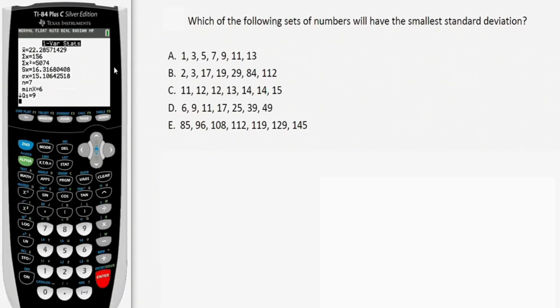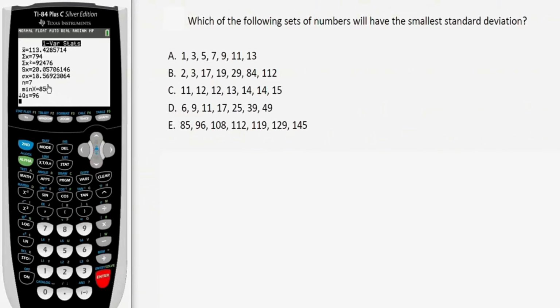No. So let's check the last option, which is option E, our list 5. Come back to statistics. Go to calculate. Then 1. List 5 is second and this button to come out. Then come to calculate, ignoring the frequency list. Press enter.